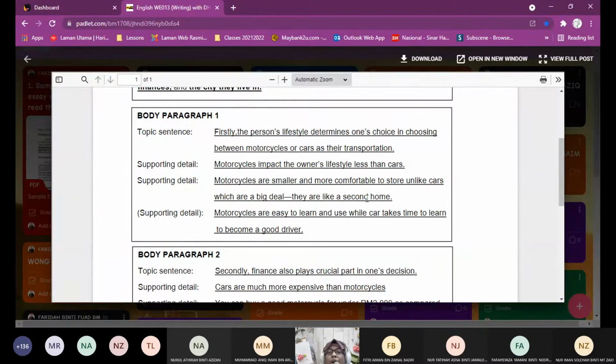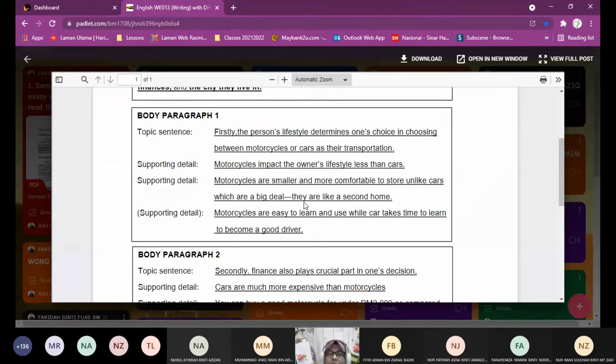So this is where you contrast. You make a contrast, a difference, between motorcycles and cars. Because motorcycles are more comfortable, and unlike cars, which are more like a second home, a big deal.